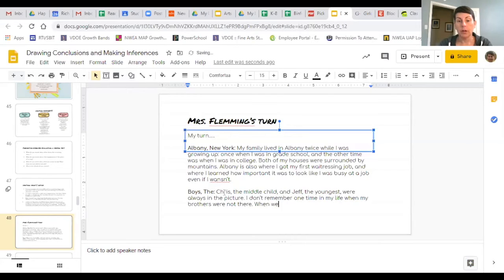When we were younger, we were as thick as thieves. As we got older, the boys became closer and I drifted apart.